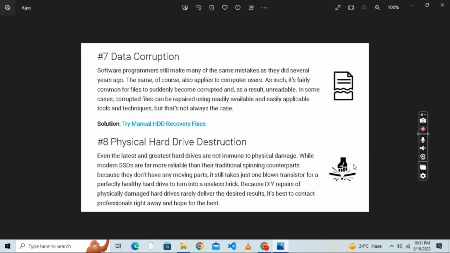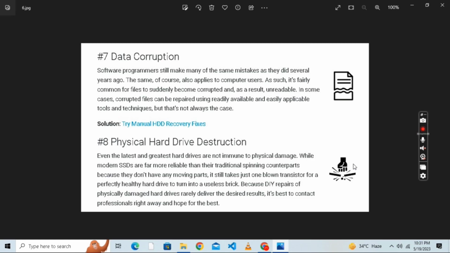Software programmers still make many of the same mistakes as they did several years ago. The same, of course, also applies to computer users. As such, it's fairly common for files to suddenly become corrupted and as a result unreadable.